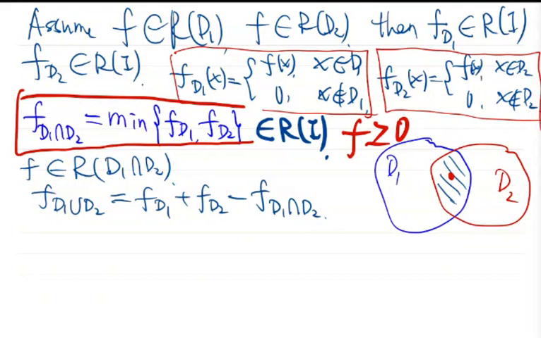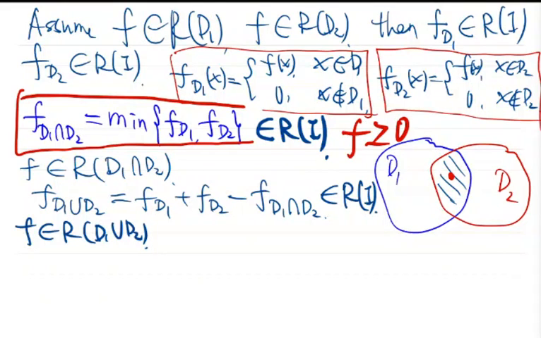So this is true for every x in I, in the rectangle. So the three terms on the right hand side are all integrable over the rectangle. Therefore, their linear combination, that is the right hand side, that is our f on the union of D1 and D2, is integrable over the rectangle I. So this means that f is integrable over the union.